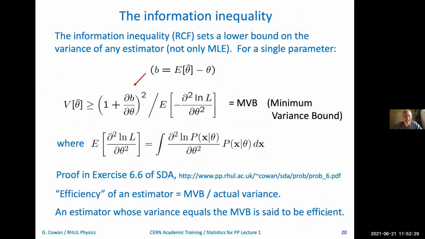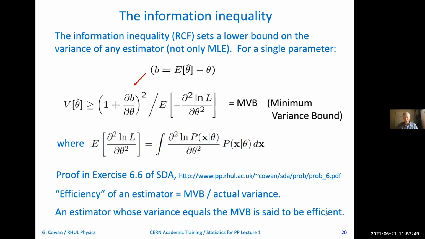Let's go on. In that particular example with the exponential PDF, the ingredients were so simple that it was possible to work out the bias equal to 0 identically, and we had a closed form expression for the variance. Now, very often that's not the case.